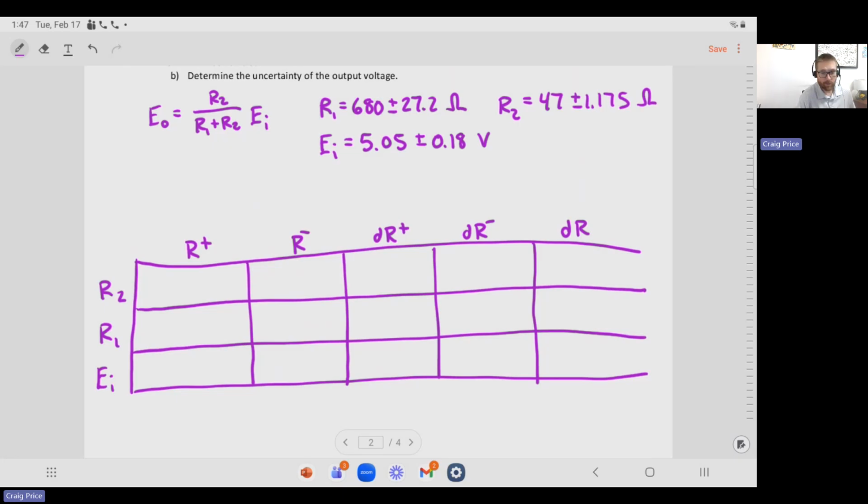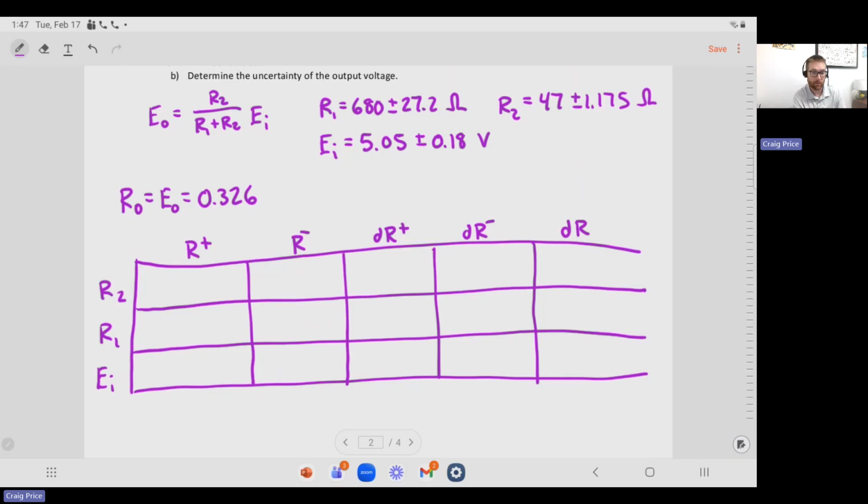One important piece of information with this is I want to know what my nominal output is. And this is again, my function is E out. So what is my nominal E out? Well, if everything is as it says, 47, 680, 5.05, this is what I already calculated. This equals 0.326.